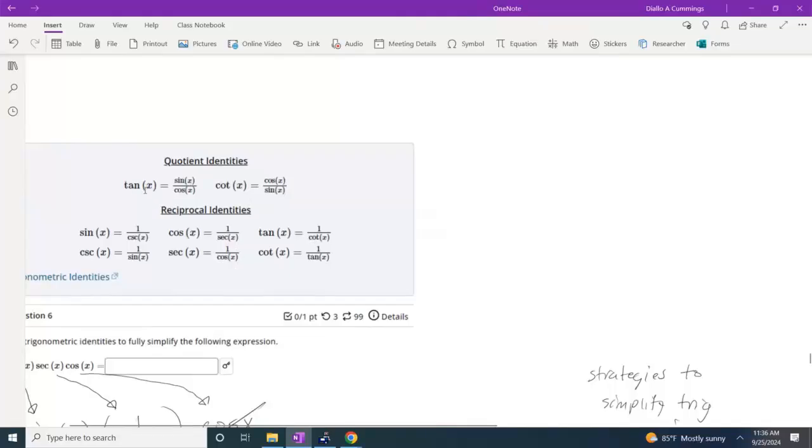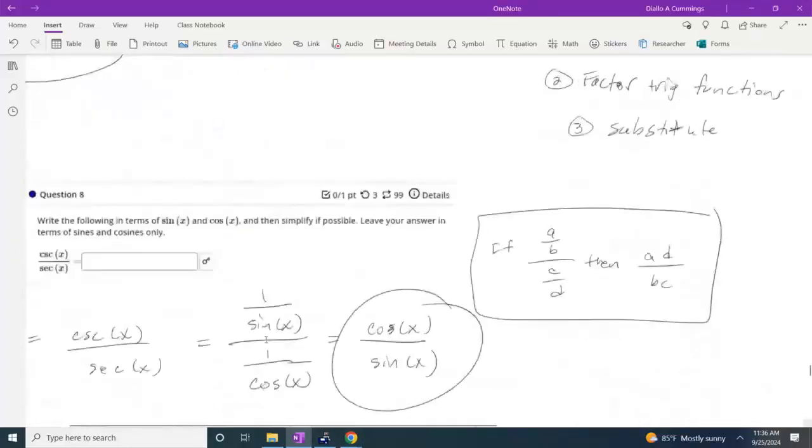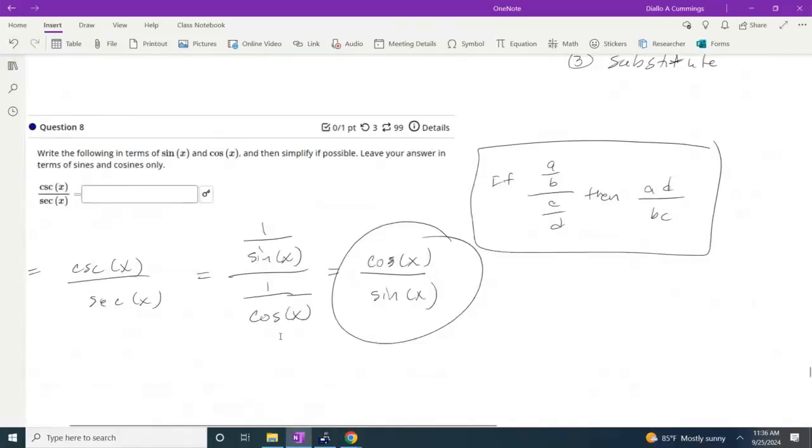They give you 2 sets of formulas. Like for tangent, you can either write it as sine over cosine, or you can write it as 1 over cotangent. But since we're trying to put everything in terms of sine and cosine first, I would use these 2 versus the reciprocal functions. Okay. All right. Any other questions about number 8?